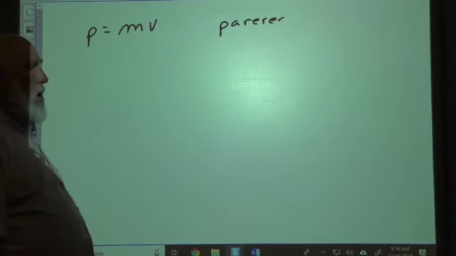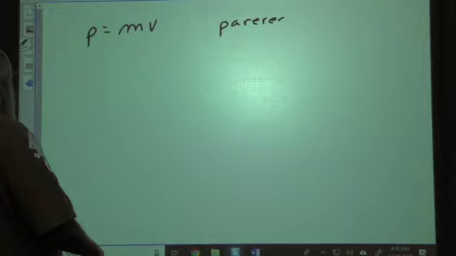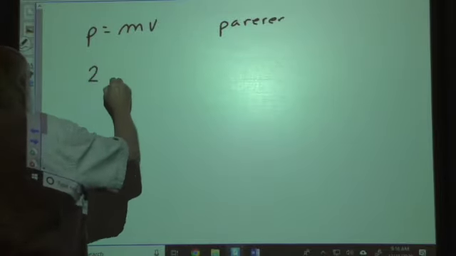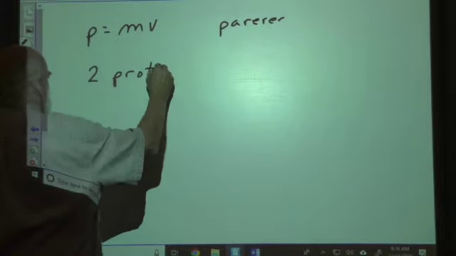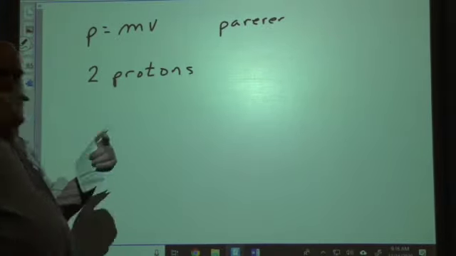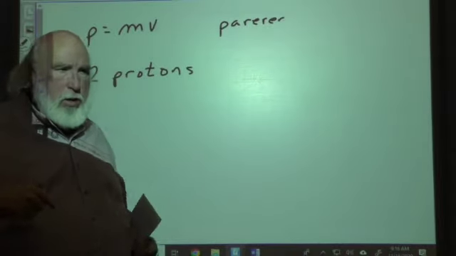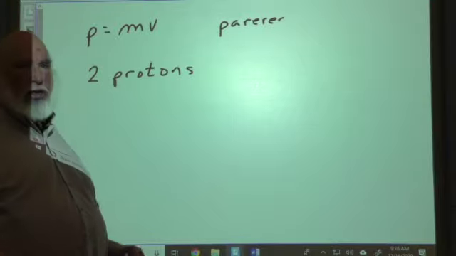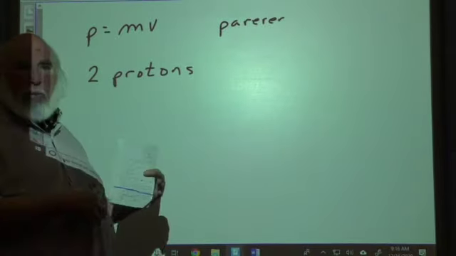The example that's talked about in the script is about two protons, and they are traveling towards each other. So there's going to be this football collision that's going to take place here. And the question is, what is the total momentum between the two?